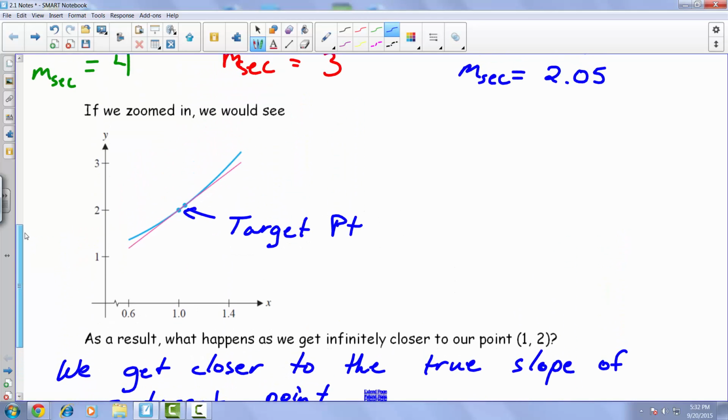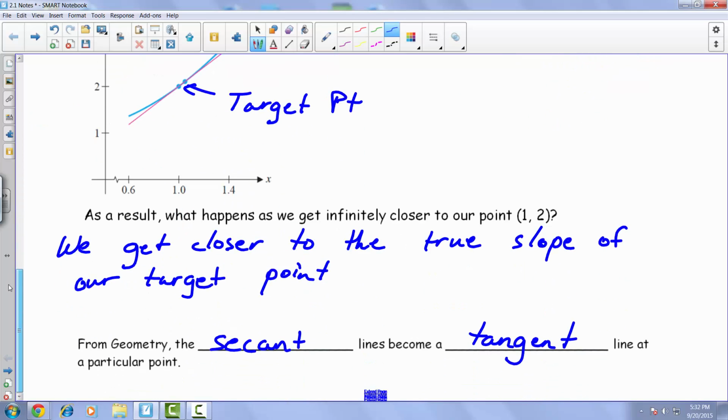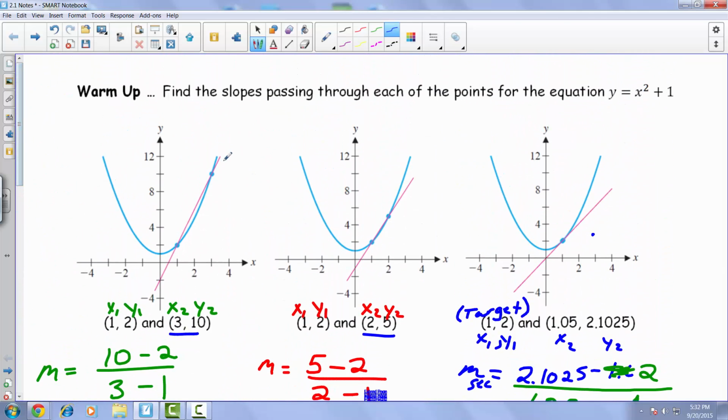That's back from geometry, where we talked about secants and tangents. A secant is just 2 points, much like this, and you're finding the equation based on those 2 points. The tangent is where it only touches the curve once. That's what a tangent is.